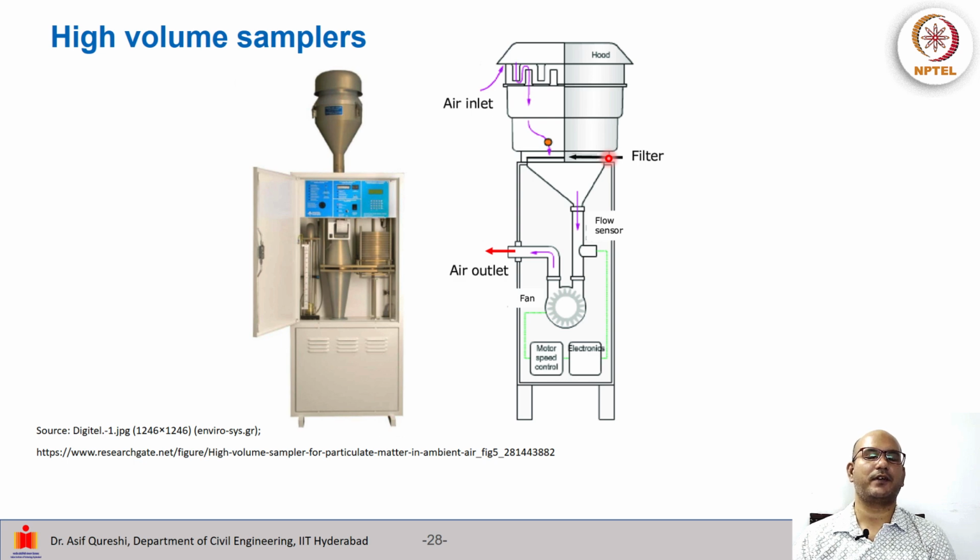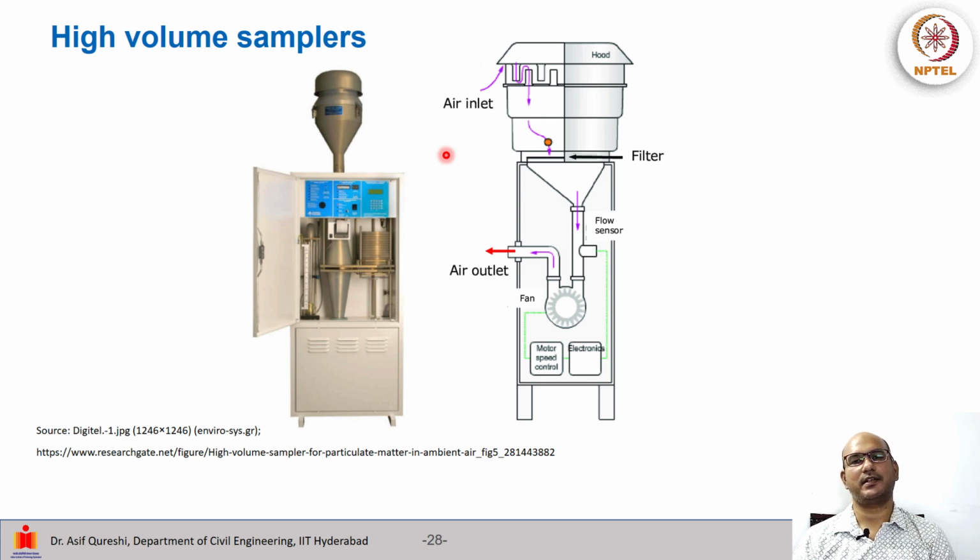So it could be 2.5 to 0.45 or 2.5 to 0.22 microns, depending on the filter pore size we are using. It is called high volume because these samplers suck a lot of volume, since the concentration of PM in air may not be very large in many parts.